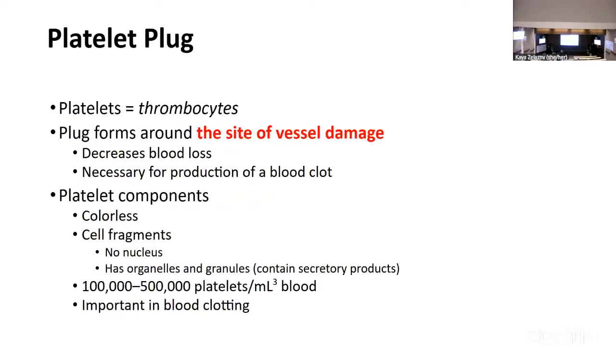And then we mentioned that our next bit is dependent on our platelets. So our platelets are sort of a fragmentary, let's say, white blood cell, because it does have these granules that are going to produce secretory products that we'll talk about in a second.